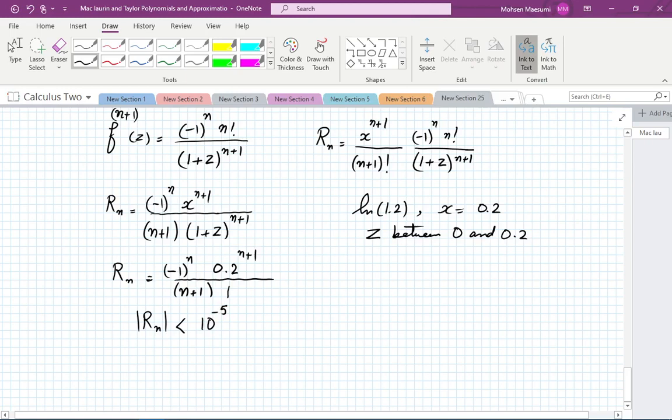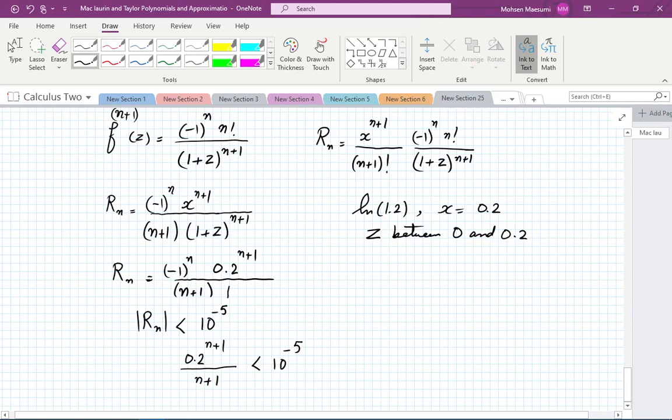That is how to assure ourselves that our accuracy is within the required range. So I want 0.2 to the power of n plus 1 over n plus 1 less than 10 to the power of minus 5.